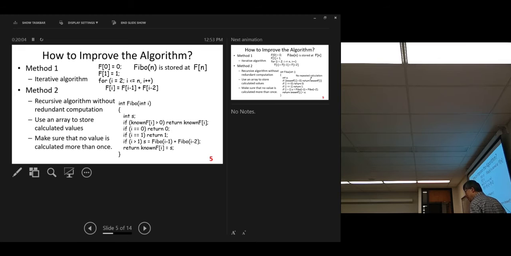If the value is 0, you need to go down. If the value is greater than 0, it's known. That means you already have it, so just return the value. You don't need to do any calculation. Greater than 0 means it is known.